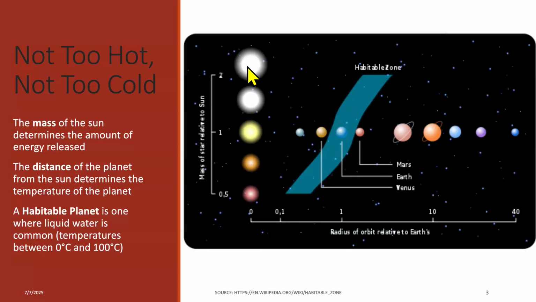And the larger the sun, the hotter it's going to be, so the further the planet needs to be away from it. All right. And in our solar system, the Earth is the only planet that's in the habitable zone.